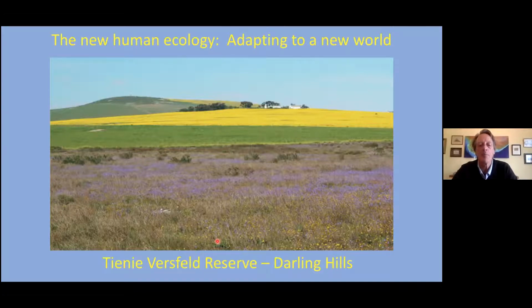And this is an example of a small reserve, the Tienie Versfeld Reserve. It's just off the turnoff to the Darling and Esterfontein turnoff. It's well worth a visit. In spring again, it's got beautiful flowers.